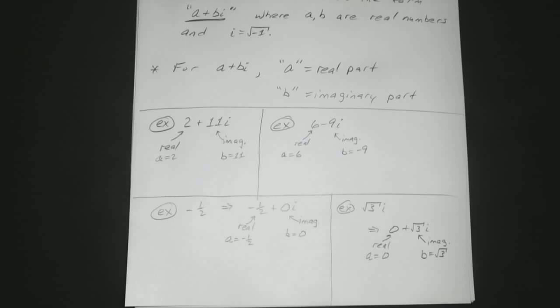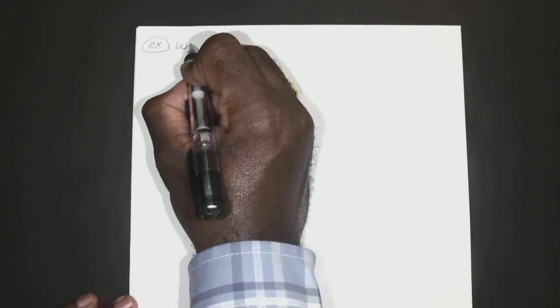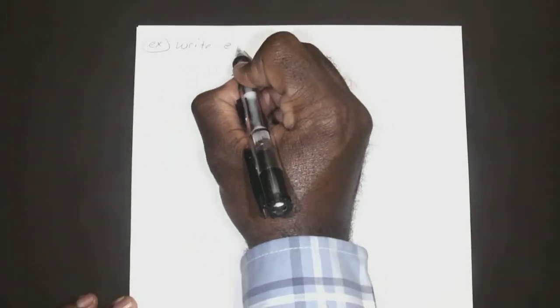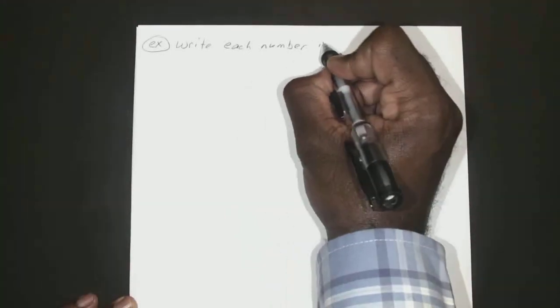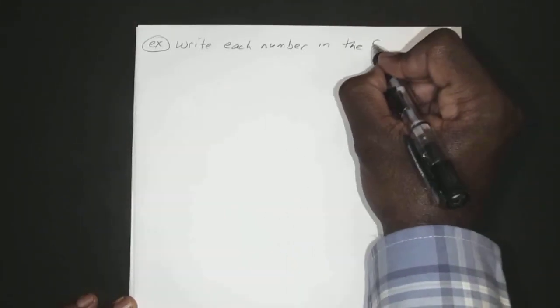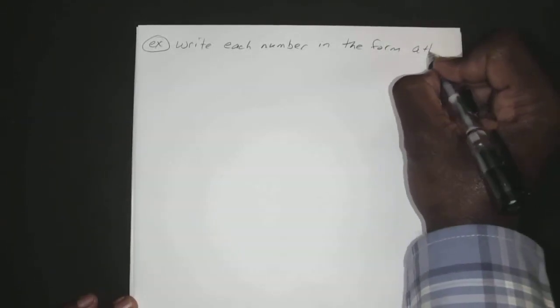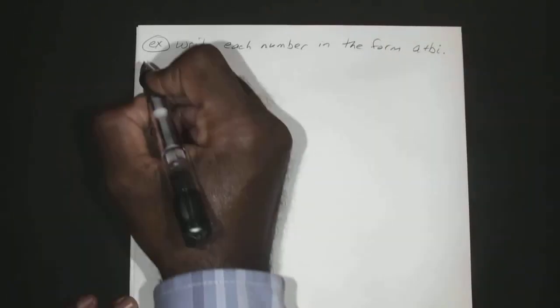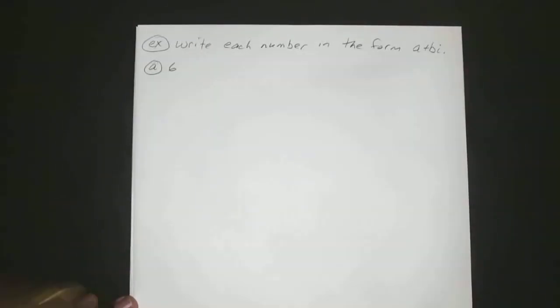It looks like everyone's done writing. Okay, so what if we wanted to write each number in the form a plus bi? Let's say for problem A, we want to write 6.